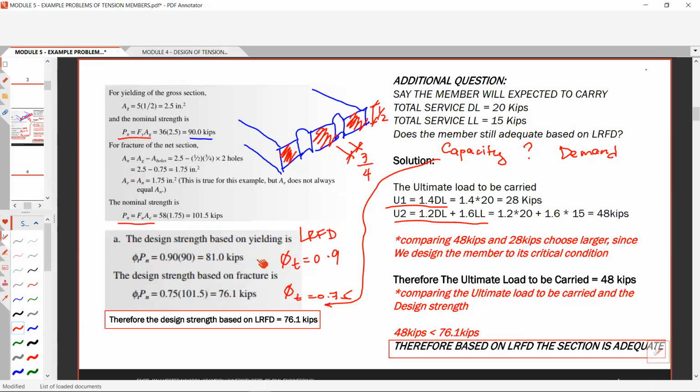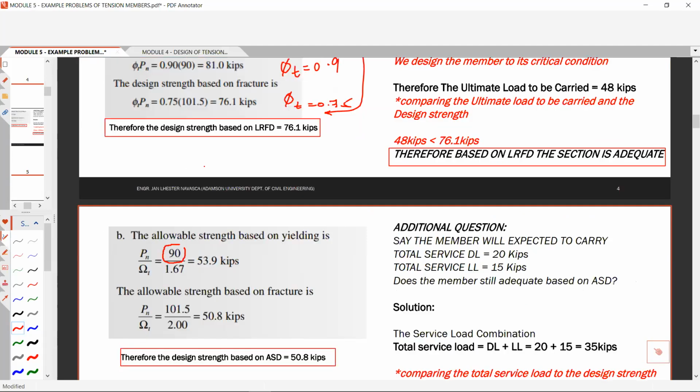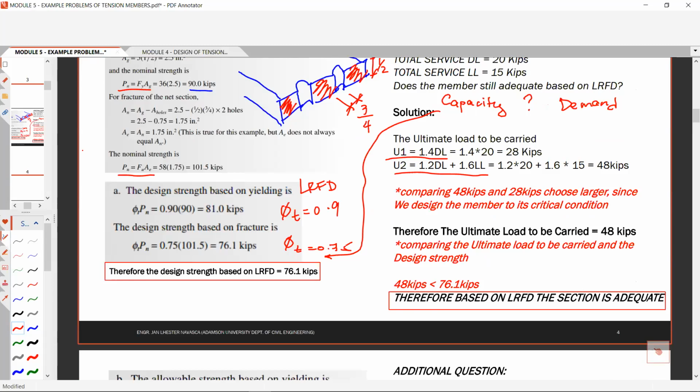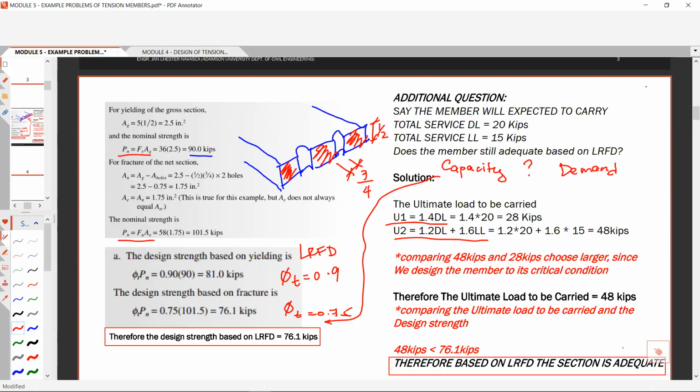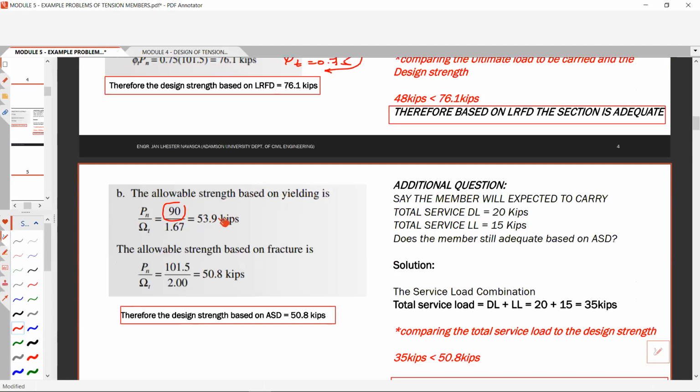Take note, based on yielding, we have a nominal value of 90. So 90 divided by 1.67, you get 53.9 kips.